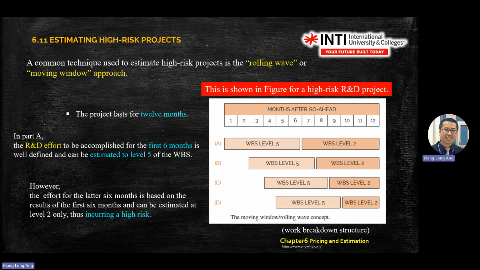So for part A, in an R&D project, you assign the work to level 5 people. Then after 6 months, only then can you make decisions at the higher level. So there's a high risk there.